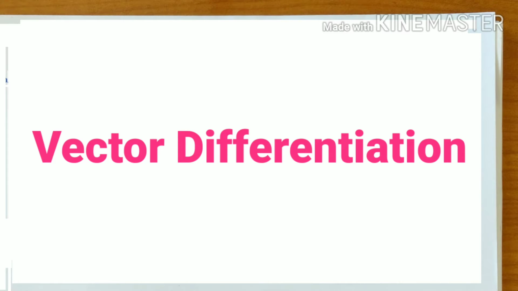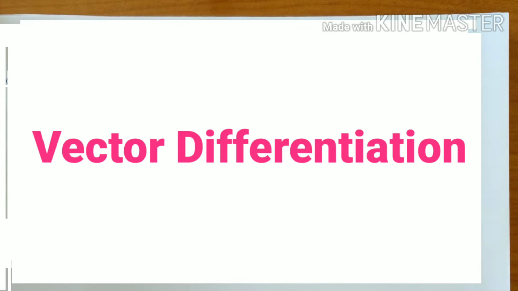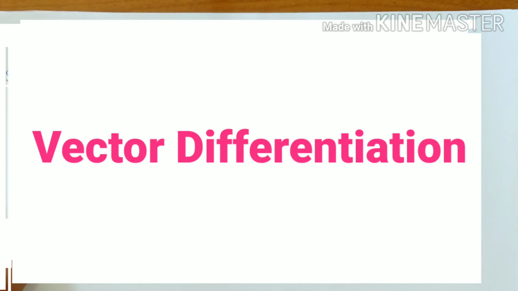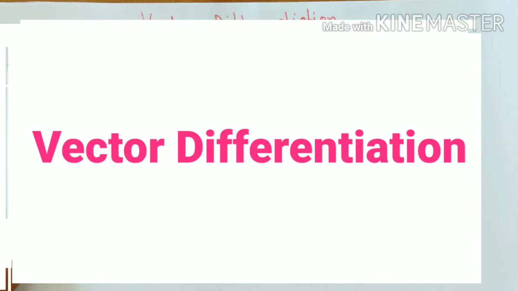Some of the prominent theorems of vector calculus are Gauss divergence theorem, Stokes theorem, and Green's theorem, also used in these fields. These three theorems are mainly the theorems of vector integration, so we will see them at the end of the module. But this hint is given just for your understanding.